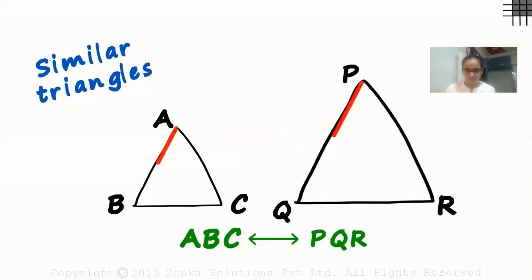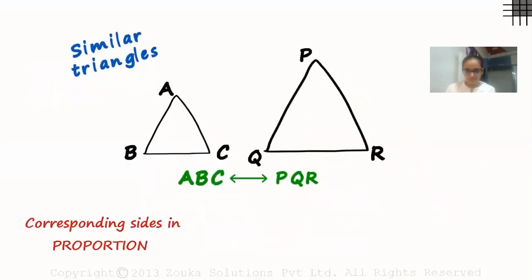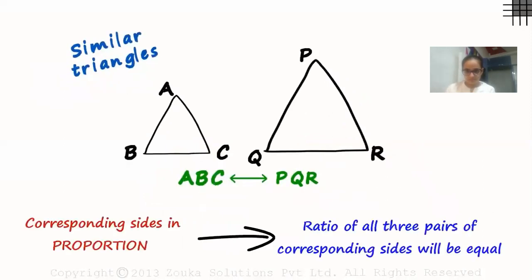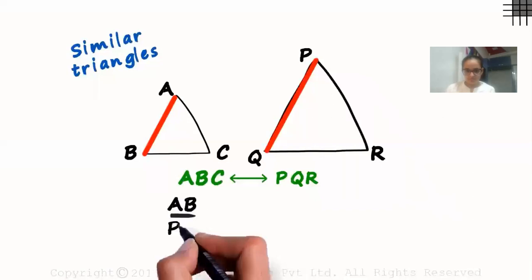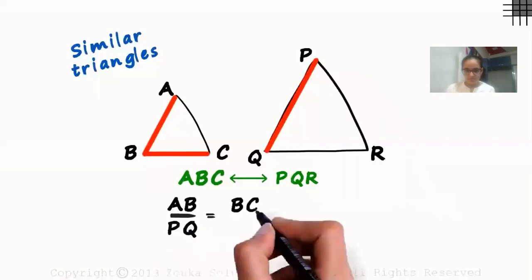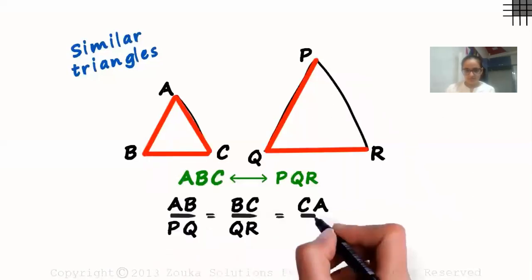In these two triangles, based on the correspondence, side AB corresponds to side PQ. Similarly, side BC corresponds to side QR and side CA corresponds to side RP. Corresponding sides in proportion means the ratio of all three pairs of corresponding sides will be equal. The ratio of AB to PQ will equal the ratio of BC to QR will equal the ratio of CA to RP.